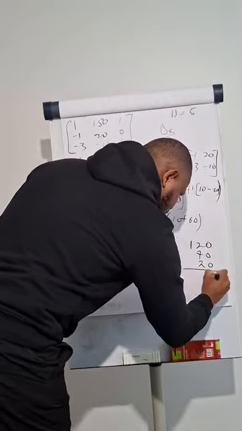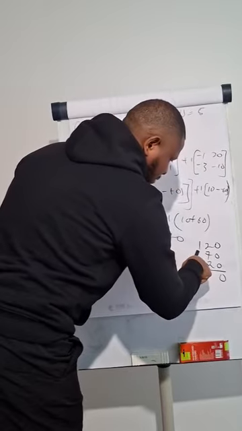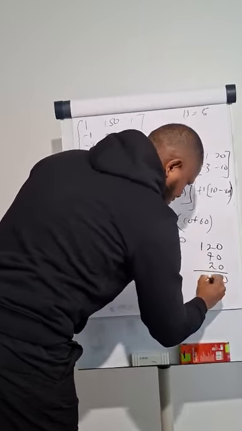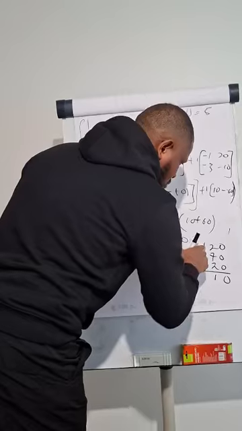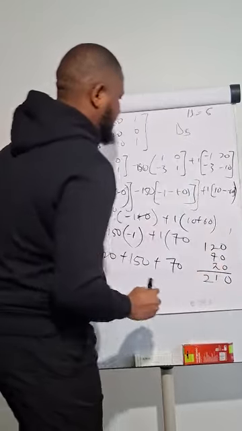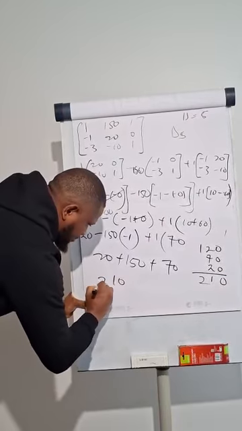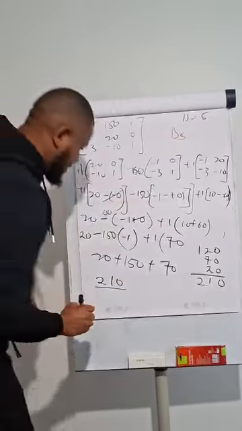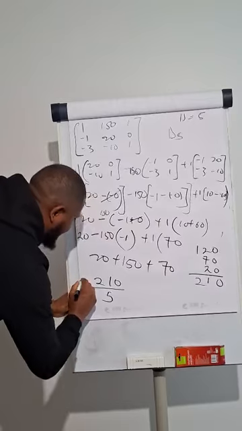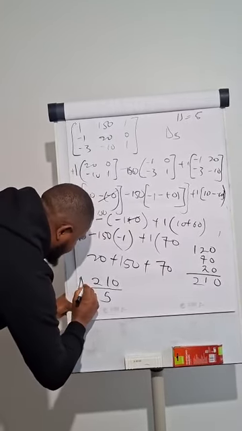Let's add: 0; 7 plus 2 is 9; plus 2 is 11. Put down 1, carry 1. 1 plus that 1 is 2, so 240. Now it will be 210 divided by the determinant of the matrix to get the determinant of the student.